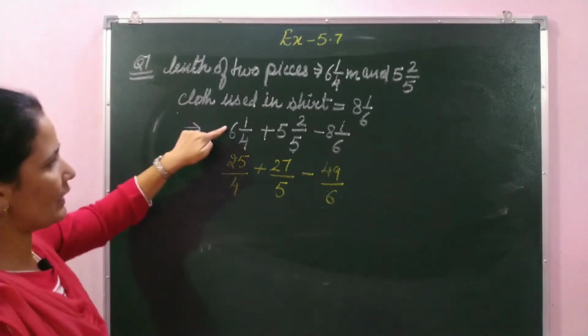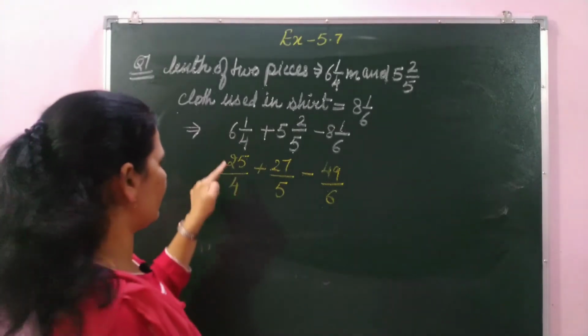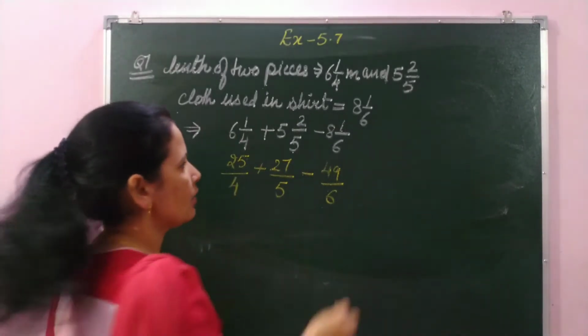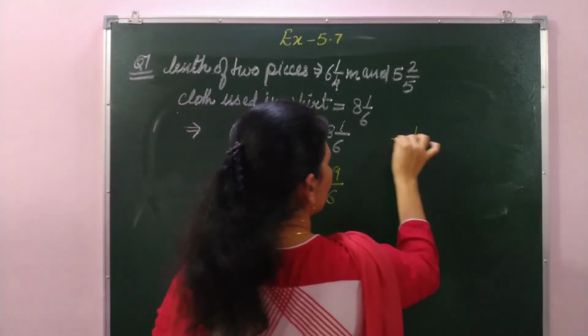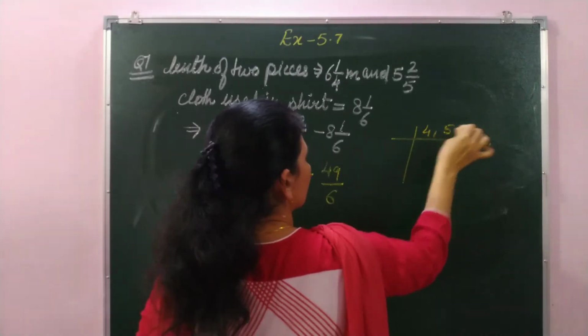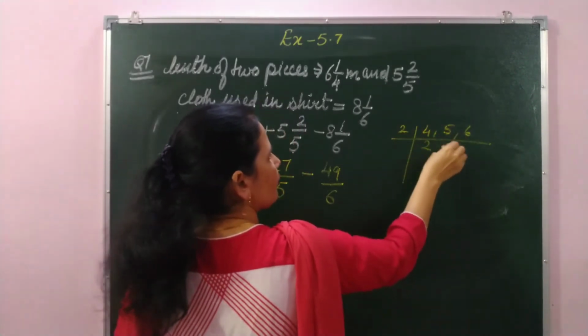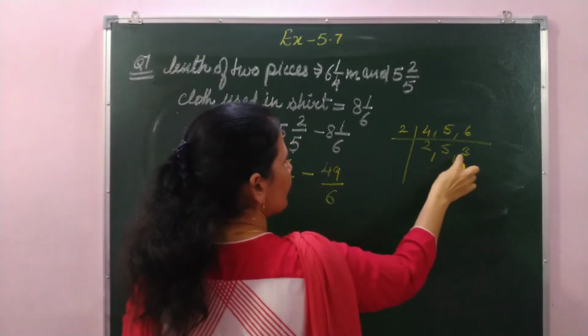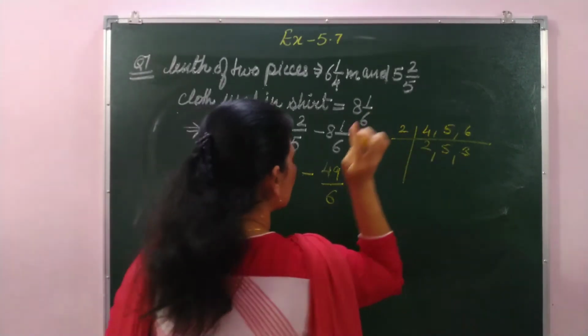So when we convert these numbers into improper fractions, we get 25 by 4, 27 by 5 and 49 by 6. So now the second step, take the LCM. LCM of 4, 5 and 6. 2 2s are 4, 2 3s are 6, 5 3s are 15, 15 2s are 30, 30 2s are 60.